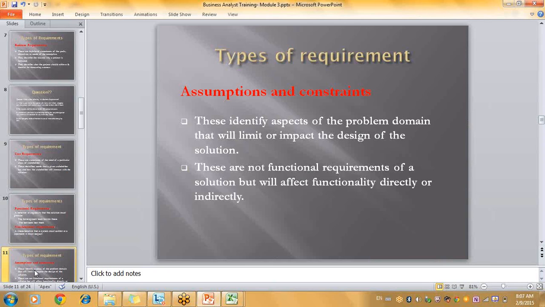If the technology I have taken does not allow that, then it becomes a constraint for my project. So apart from the requirements, we should also take into consideration the assumptions and constraints for my project, which directly or indirectly might affect some functionality. So these are the various types of requirements, assumptions and constraints.